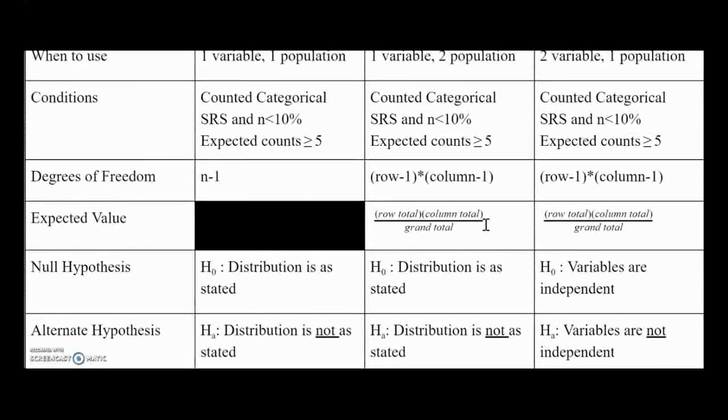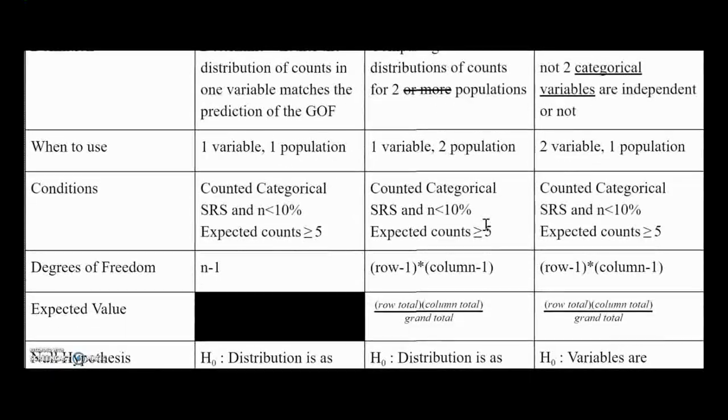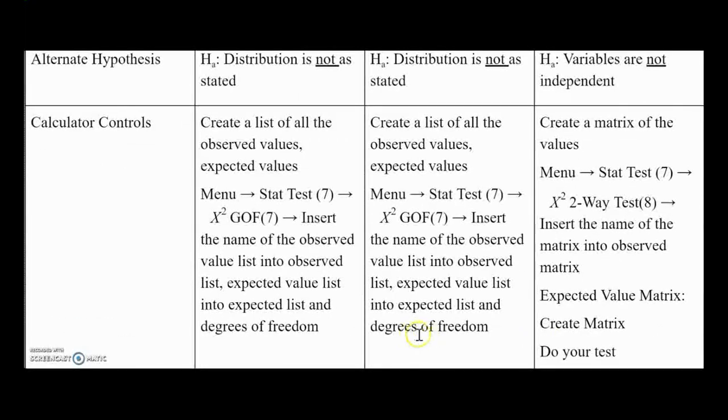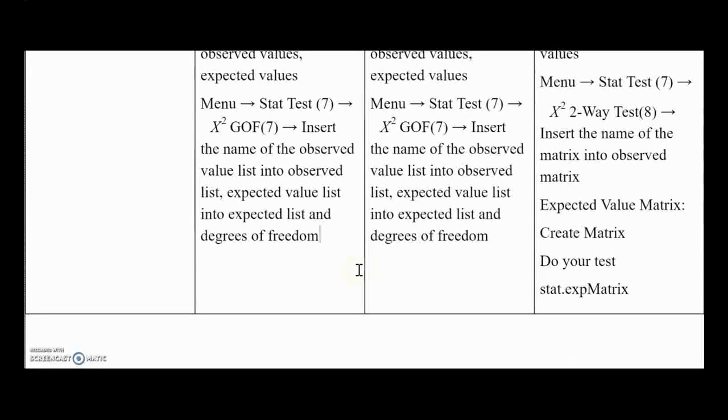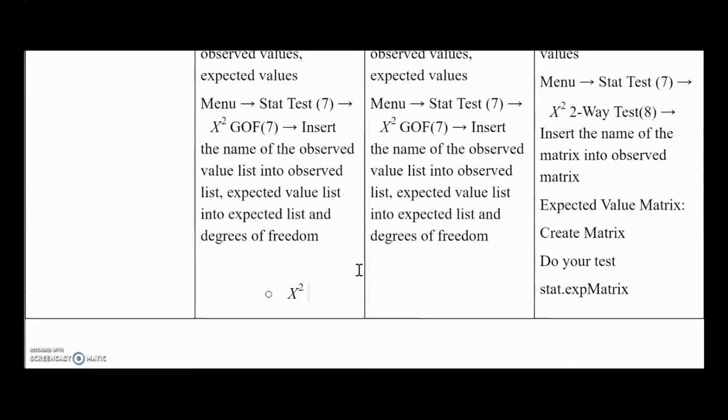So when you're doing the chi-squared, you use a calculator control for any one of these. If they ever ask you what is your p-value, you would go and do chi-squared CDF, like we've always done, of your lower bound, comma infinity.